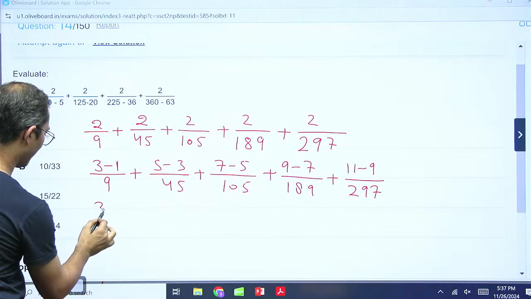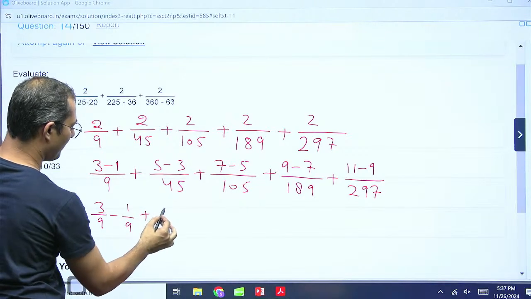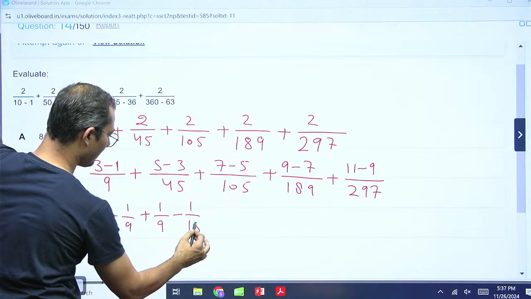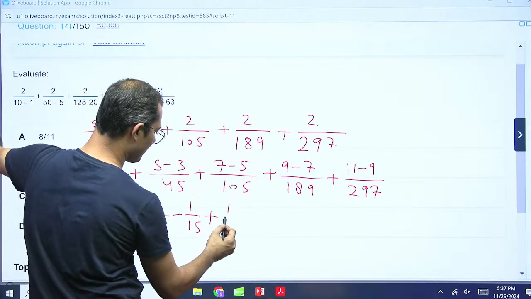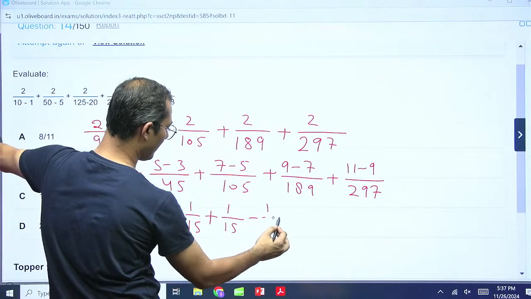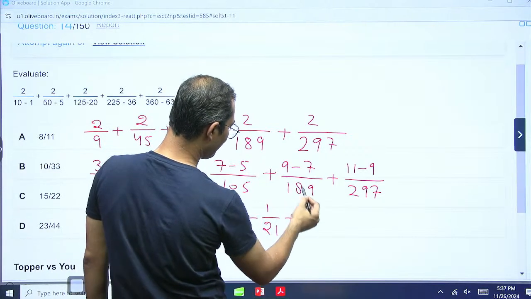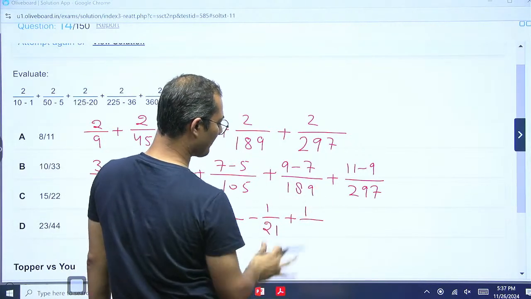Yes, so here we will get 3 by 9 minus 1 upon 9 plus 5 by 45 means 1 upon 9 minus 1 upon 15, right? Yes, 7 by 105, so 7 1 just 7, right? Minus 1 upon 21, right? So plus by 9, 1 upon, we can split the fraction, right?